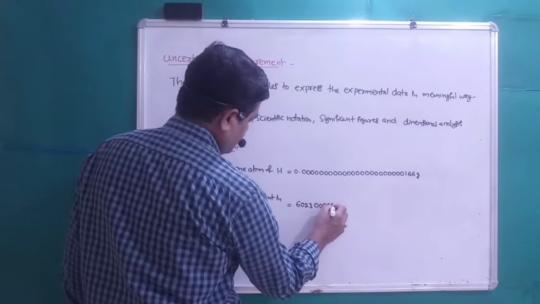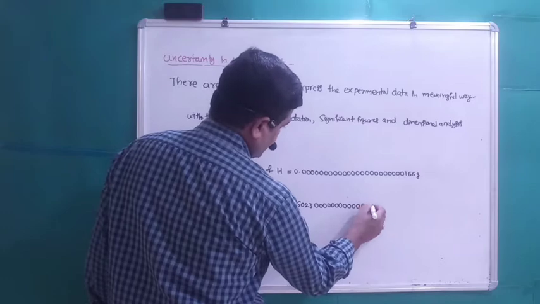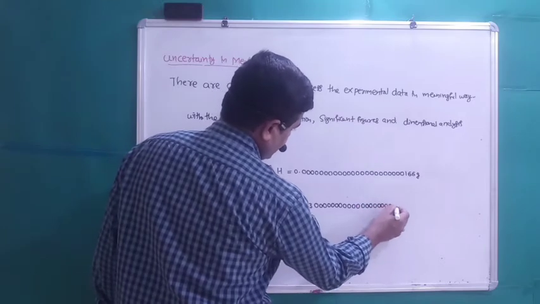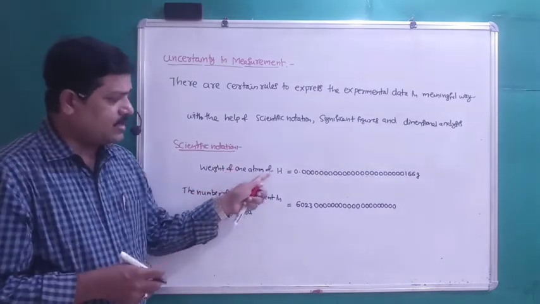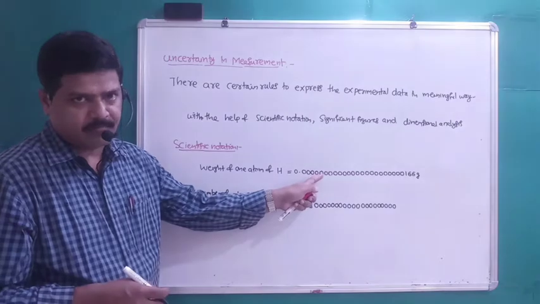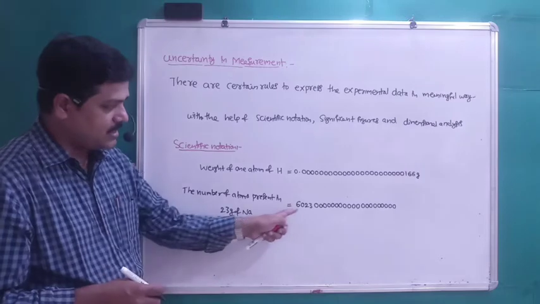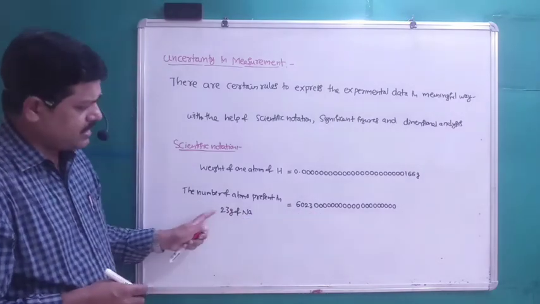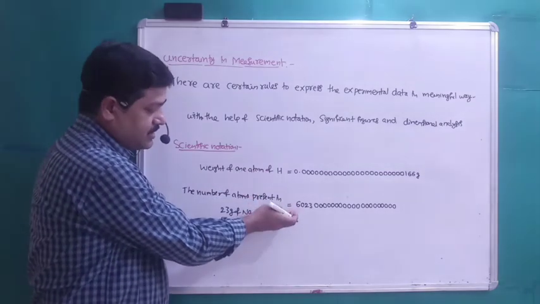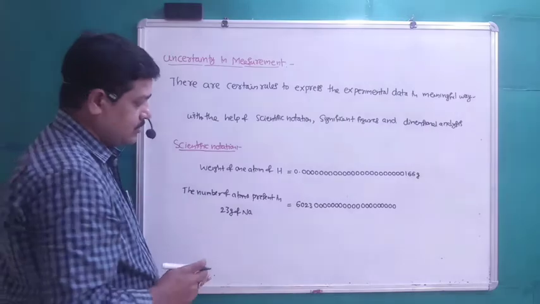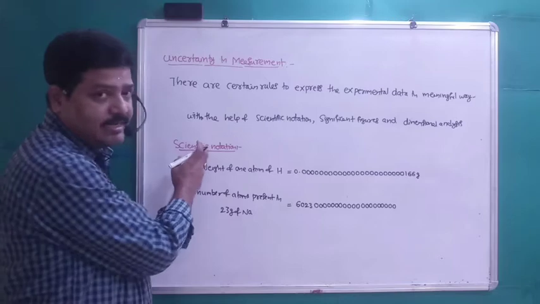The weight of one atom of hydrogen is a very small number, and the number of atoms in 23 grams of sodium is a very big number. It is very difficult to handle such small numbers as well as such big numbers. So these can be easily presented by using scientific notation.